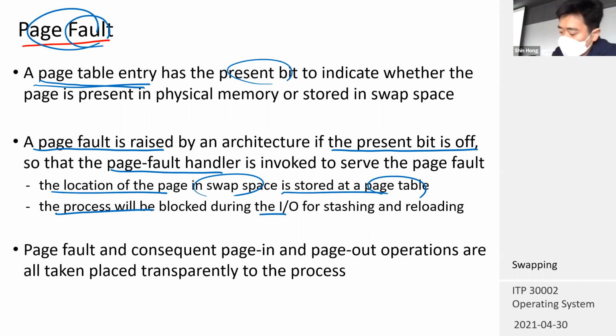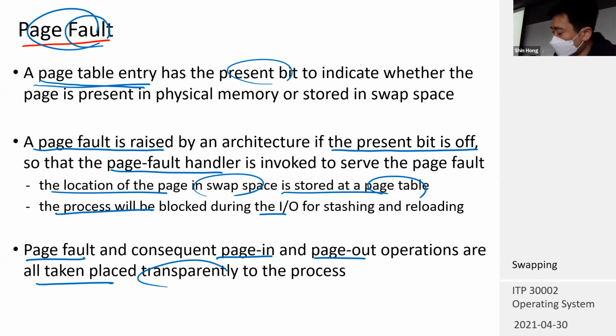So the page fault and consequent page in and page out operations all take place transparently to the process. What does it mean here? From the user program's perspective, it has no idea at which moment a page fault is raised, at which moment which pages are actually placed in physical memory or swap space, and at which moment things are exchanged between the two devices.